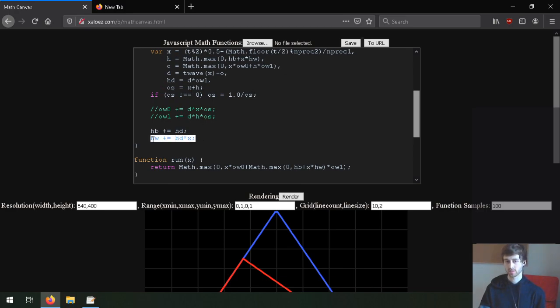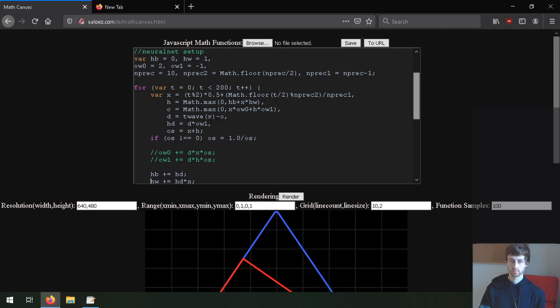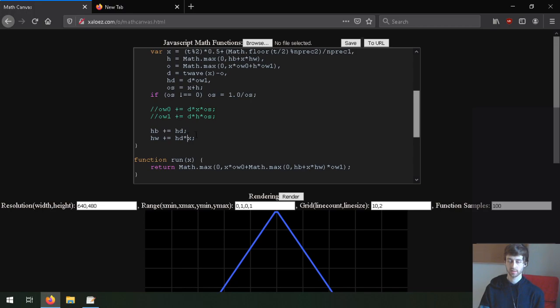So we actually need to do this through to the hidden layer. I'm not completely sure, but I believe we need to calculate how much this contributes.